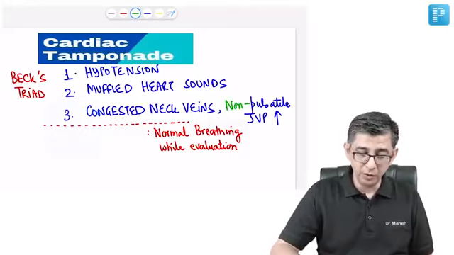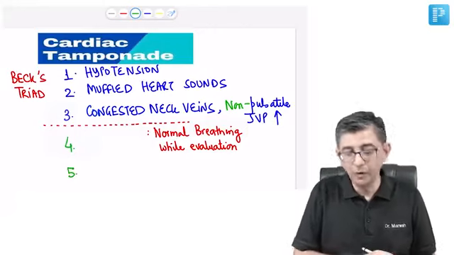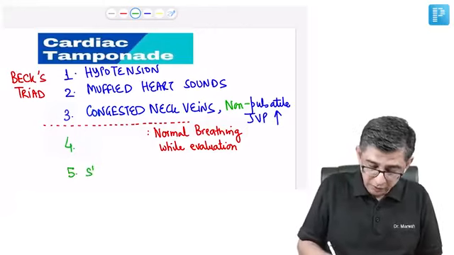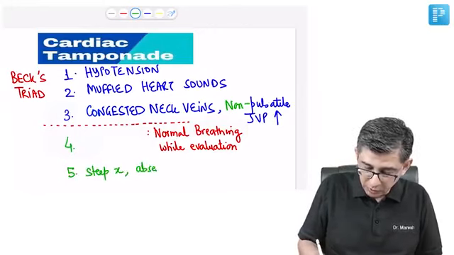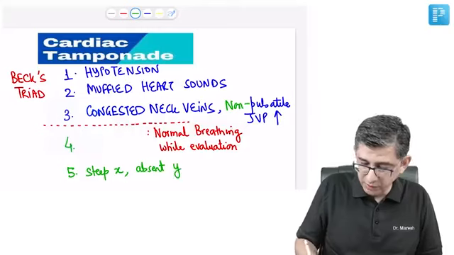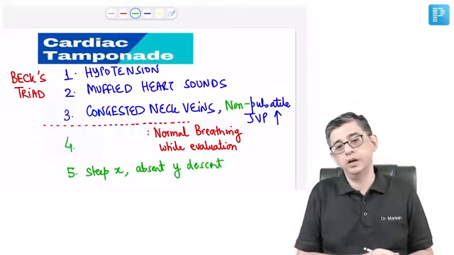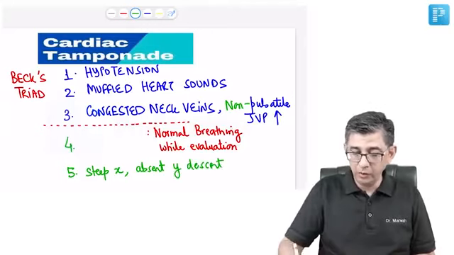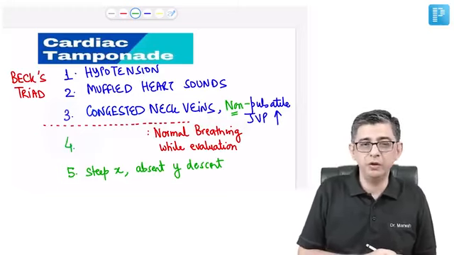In fact, this non-pulsatile thing could also be described as follows. He might write terms like steep X descent. You know about the waves in the JVP. So he will say steep X and absent Y descent. That absent Y descent means filling in the heart is not occurring. The phrase non-pulsatile elevated JVP could be written as point number 5. Both basically mean the same.